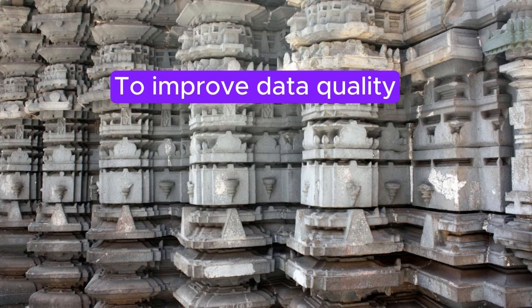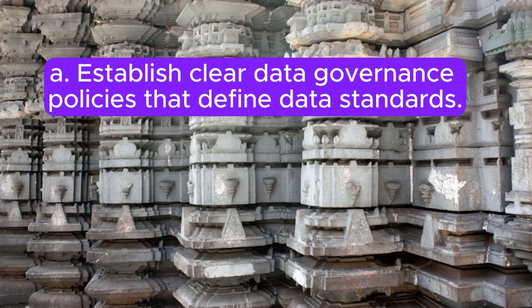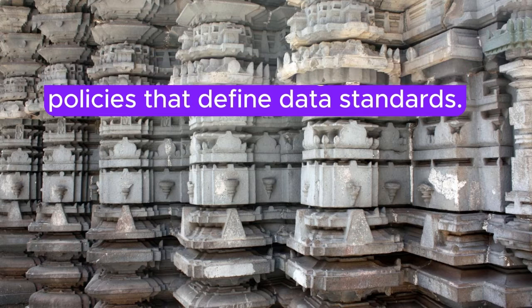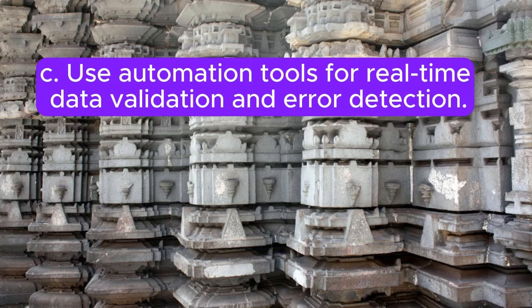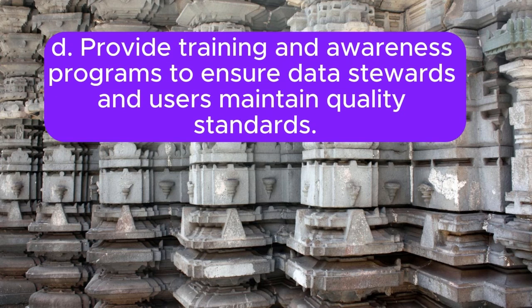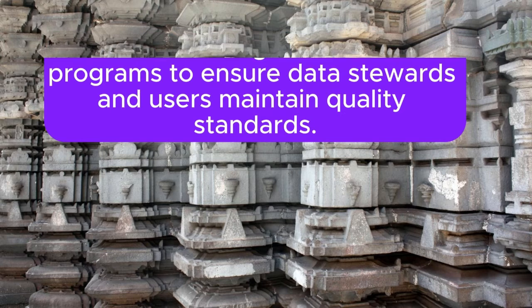To improve data quality: A. Establish clear data governance policies that define data standards. B. Regularly audit data and apply corrective measures where necessary. C. Use automation tools for real-time data validation and error detection. D. Provide training and awareness programs to ensure data stewards and users maintain quality standards.